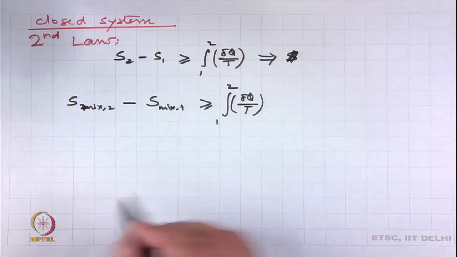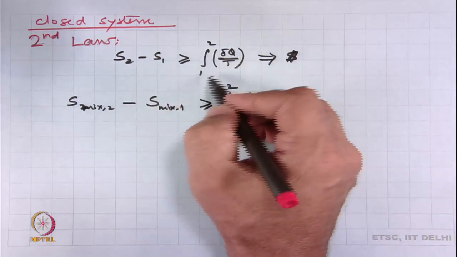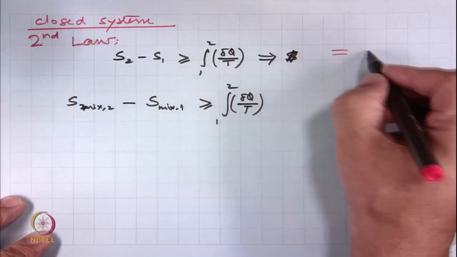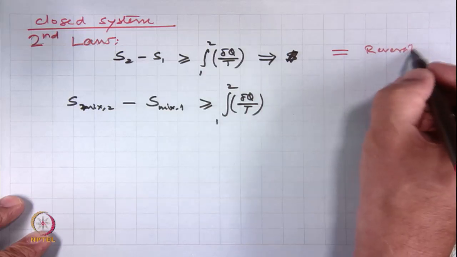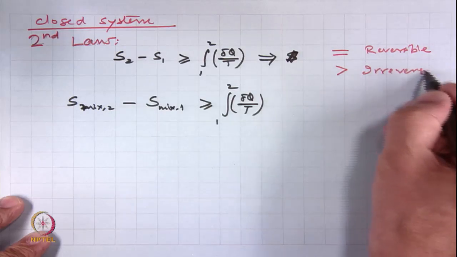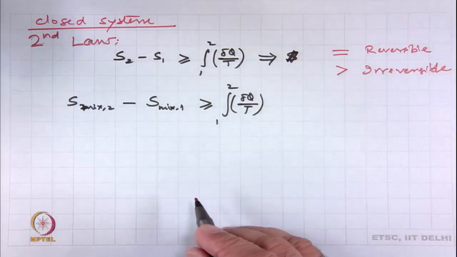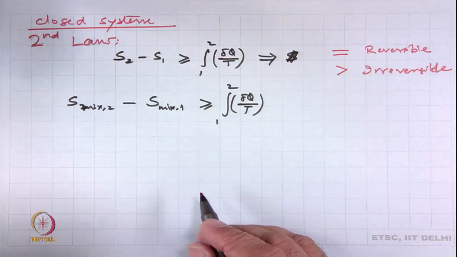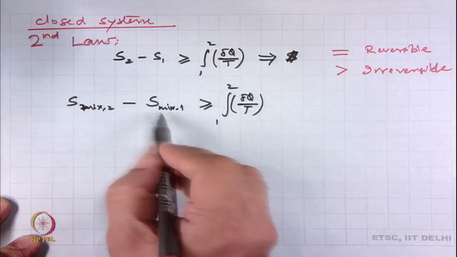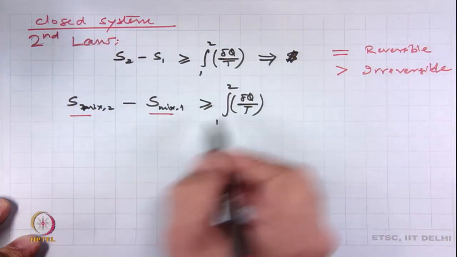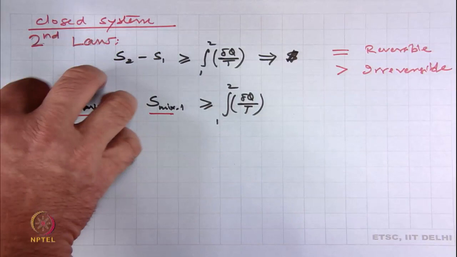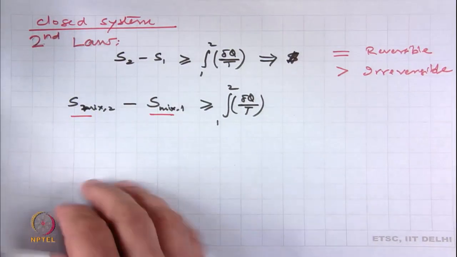As we have known earlier, S2 minus S1 is greater than or equal to the integral of delta q by T, equal to if the process is reversible, and greater than if it is irreversible. The only modification that we need to make to this relation for mixtures is that S2 minus S1 becomes S mixture in state 2 minus S mixture in state 1, greater than or equal to the integral of delta q by T from 1 to 2. So, that is the second law for the closed system.